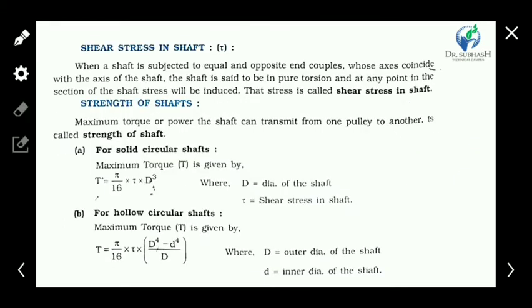Now see the shear stress in the shaft. Shear stress is denoted by tau. When the shaft is subjected to equal and opposite end couples whose axis coincides with the axis of the shaft, then the shaft is said to be in pure torsion. At any point in the section of the shaft, stress will be induced. This stress is called the shear stress in the shaft.